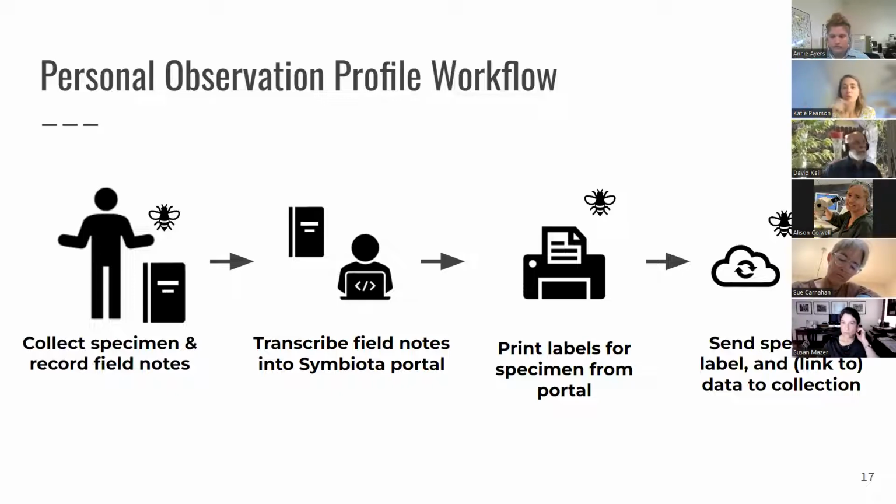But this is the general workflow that is enabled by these personal observation profiles. This way you avoid transcribing twice, you avoid having to map the data in different ways, and you give a lot of power to the collector because they're able to see where their data is going, and they can format the label.